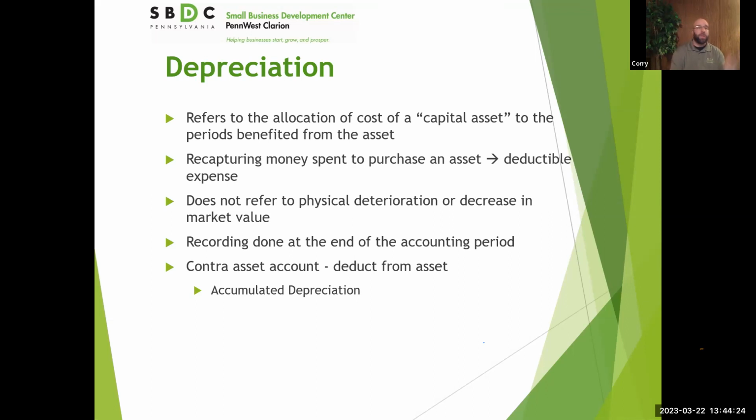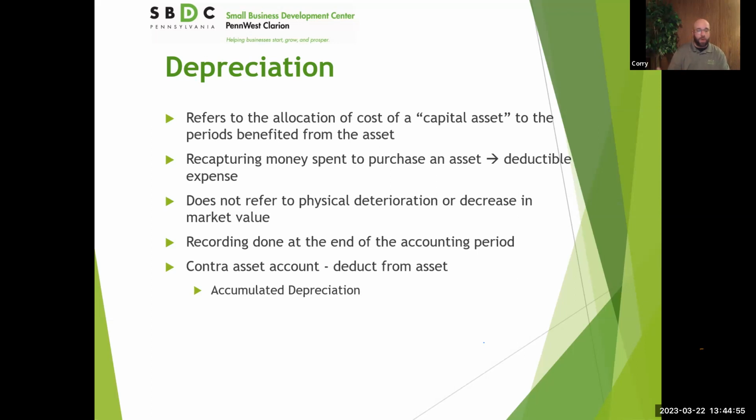So even though you purchased a $10,000 piece of equipment today, you're going to take that cost and recover it over a number of years. That's what our depreciation is going to be. And then, as someone mentioned earlier, there is accumulated depreciation. Accumulated depreciation is how the depreciation is reported on our balance sheet.